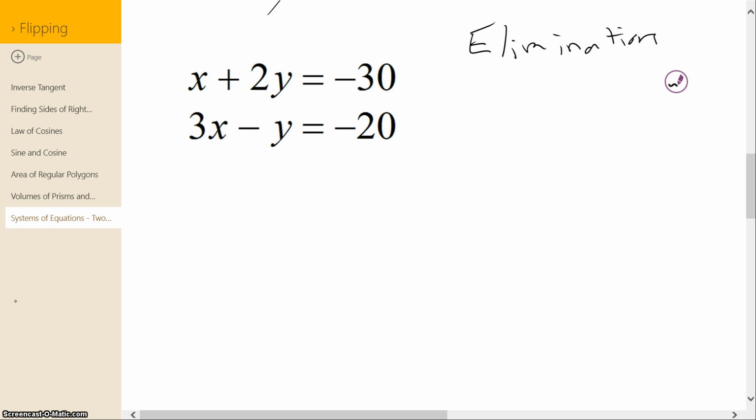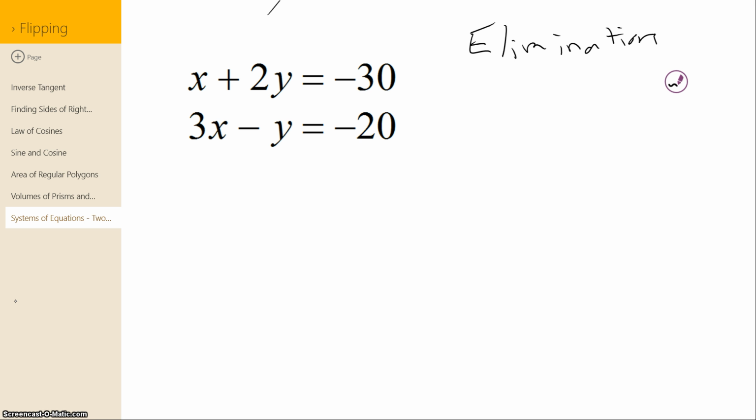Now I see that I've got x plus 2y, positive x, positive 2y. I've got 3x minus y. I've got a positive y, I've got a negative y. Positive and negative can cancel each other out, right?